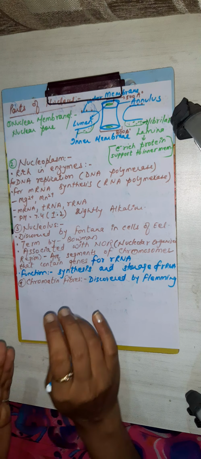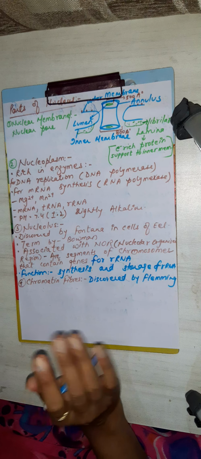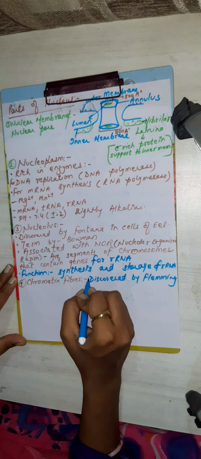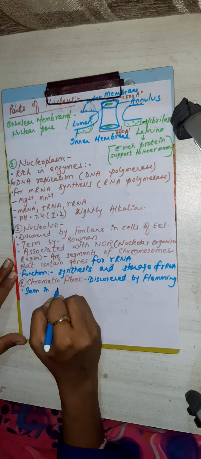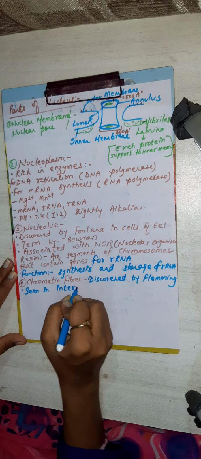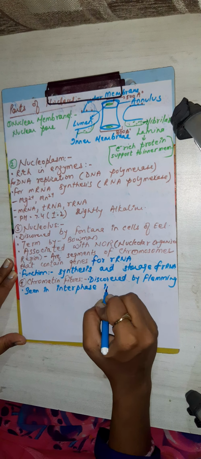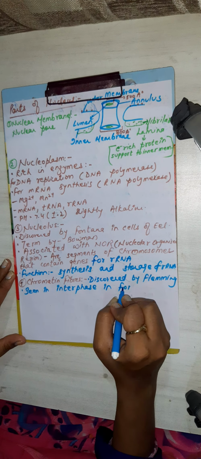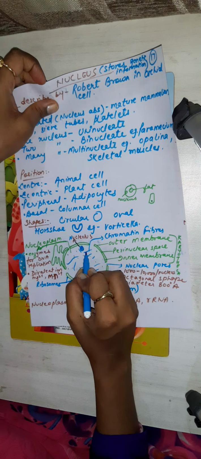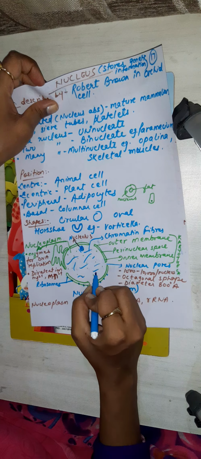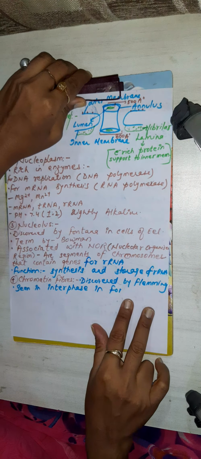This structure is seen in the interphase stage, cell division we will study later. It is a thread-like structure seen in interphase. Thread-like structure, here I have shown you. This is chromatin fibers, and when it condenses it becomes thick.